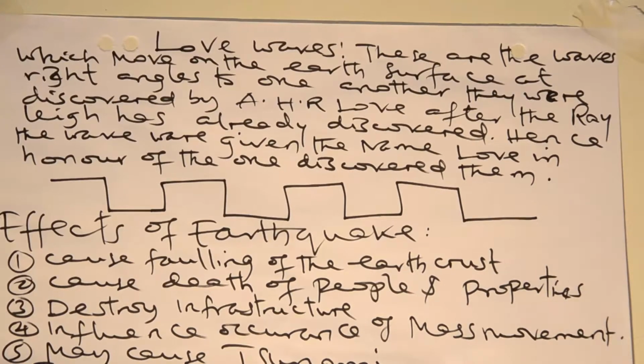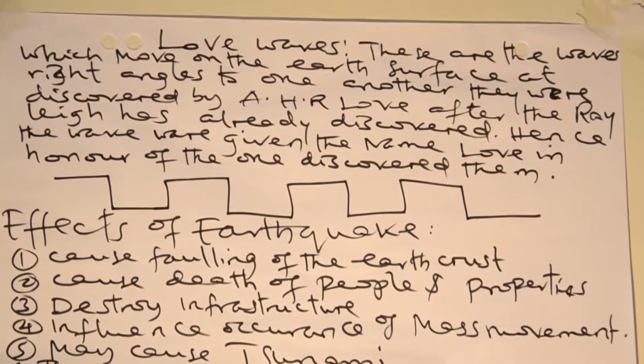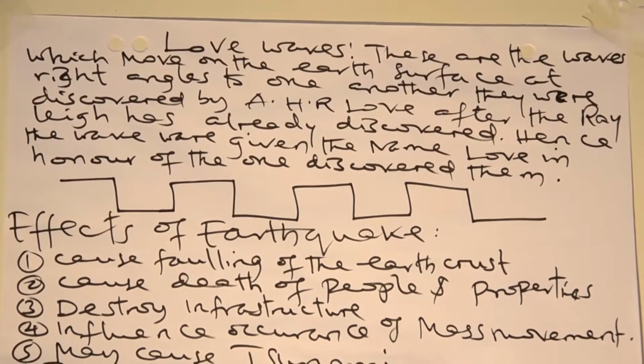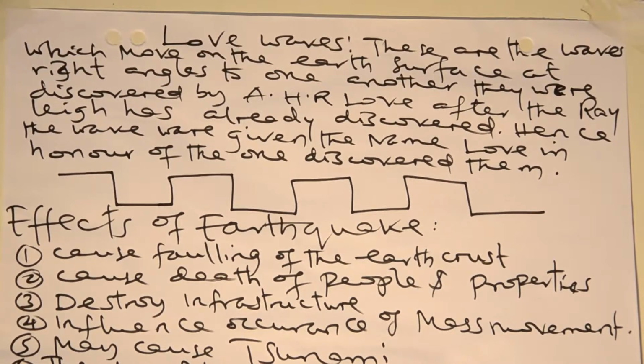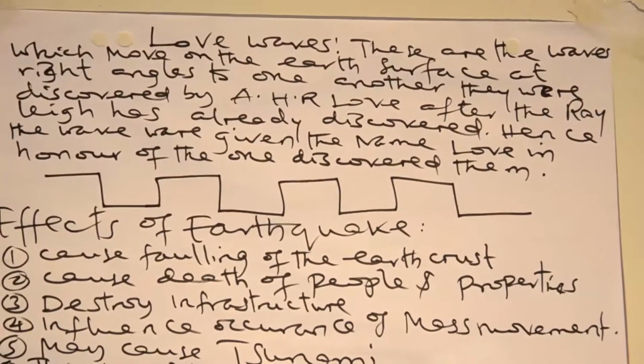Dear students, the Love waves were discovered after correcting the errors or the faults of Rayleigh. According to Love, he discovered that the earthquake vibration or the movement of the Earth's crust due to an earthquake can be moving at a right angle.